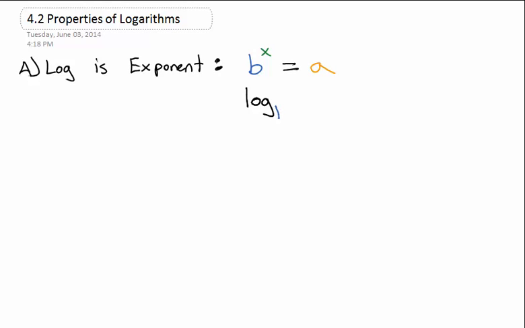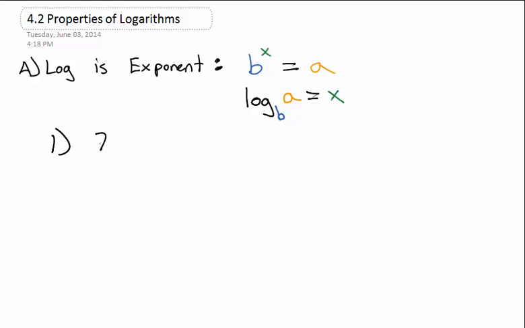We will put a subscript of the base and we will stick the answer in there. And it will always be equal to the exponent, because a log is an exponent. The log will equal whatever the exponent is.